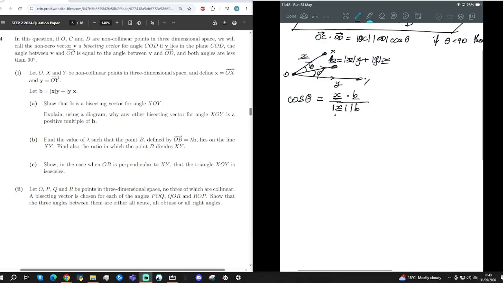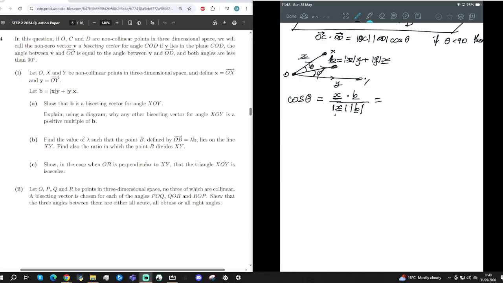Now this mod b is scaring me a little because b is a weird combination of x's and y's, so I'm probably going to leave this mod b as a mod b and hope it appears in both cos theta and cos phi. But the numerator we can at least deal with.